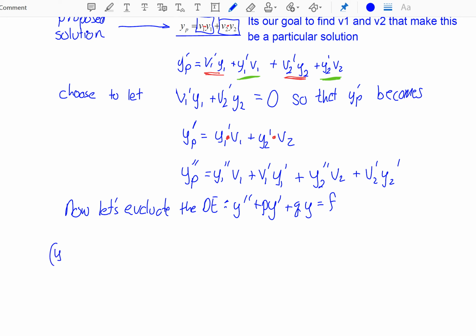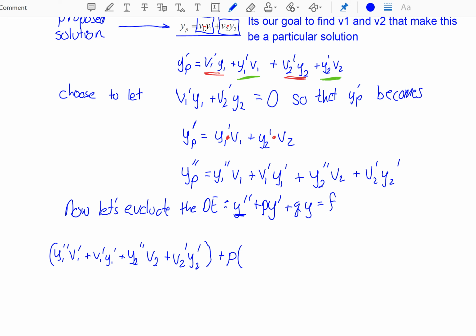It's going to be y1 double prime v1, plus v1 prime y1 prime, plus y2 double prime v2 plus v2 prime y2 prime. This is all your y double prime.